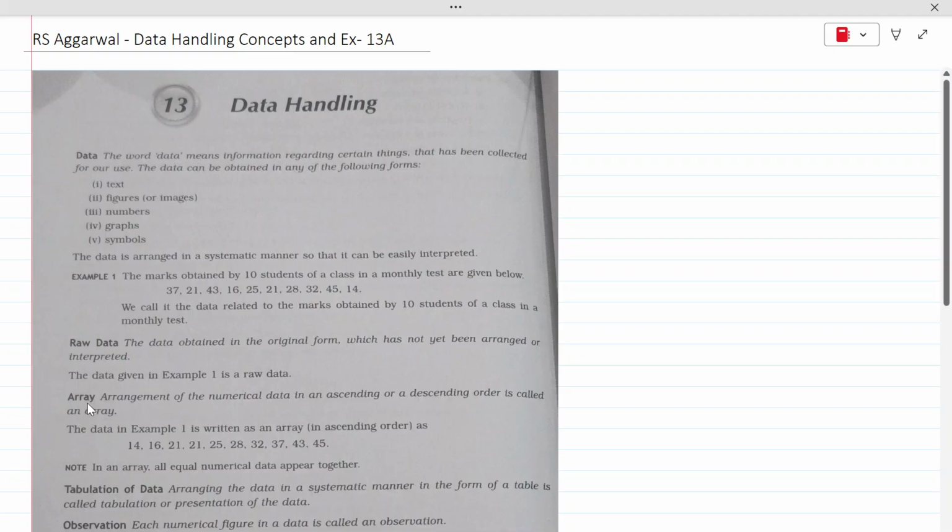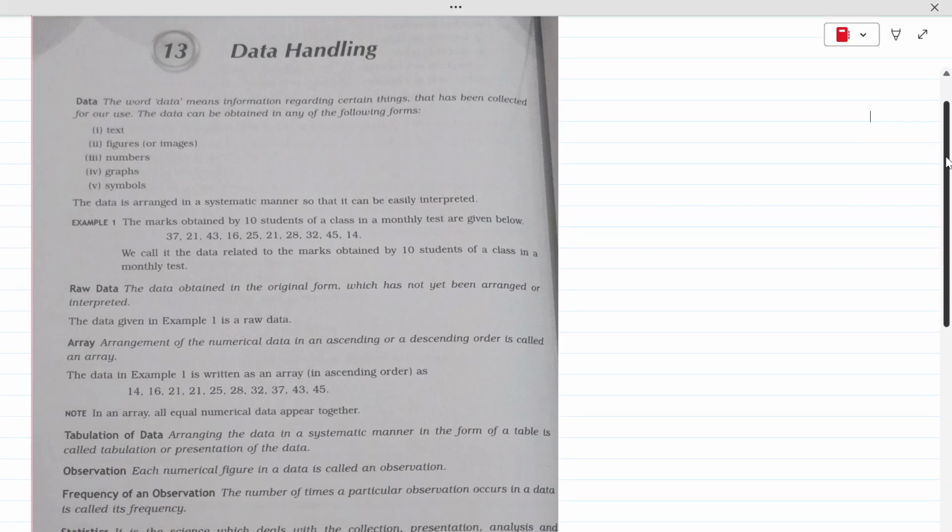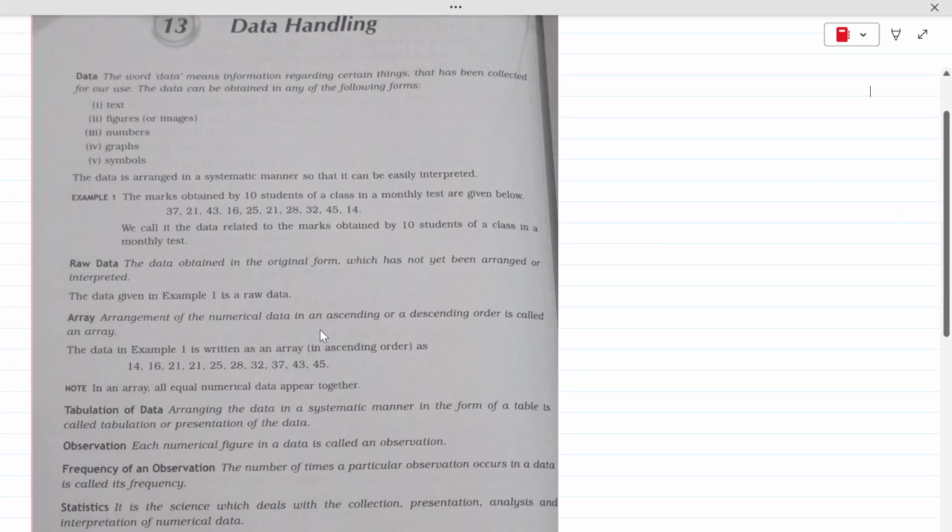Now we have array. So array is arrangement of the data in ascending or descending order. Okay, so if we have all these numbers and if we wish to arrange these numbers in ascending or descending order, then that arrangement is called an array. Okay, array is the set of the data which is arranged in ascending or descending order.